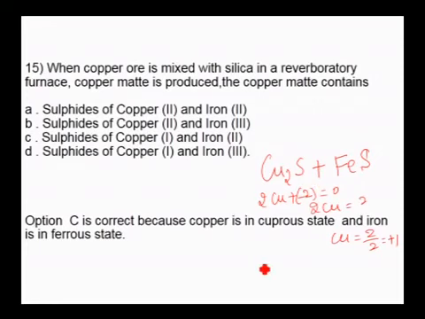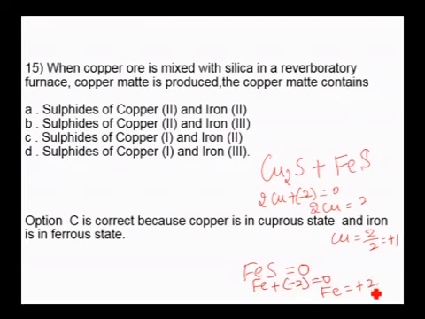The next one is to find out the oxidation state of Fe, that is iron, in ferrous sulfide, which is equal to 0. So, Fe plus the oxidation state of sulfur, minus 2, is equated to 0. Therefore, Fe is equal to plus 2, transferring the minus 2 to the right hand side.